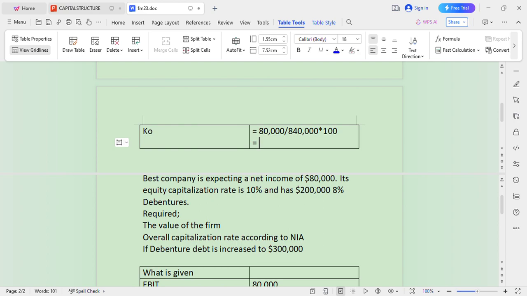Yes? 9.52%. That is the cost of capital. So the cost of capital, when you introduce debt, is 9.52%. Now, next question.